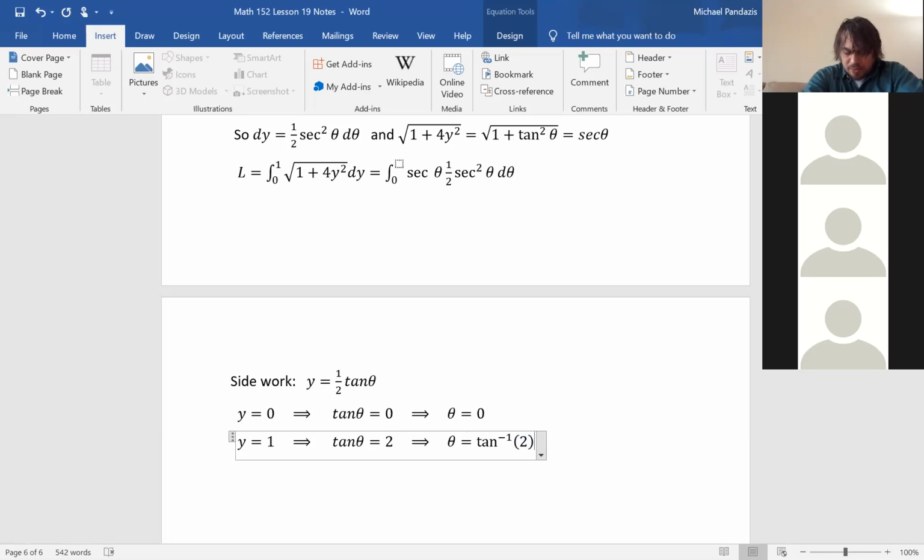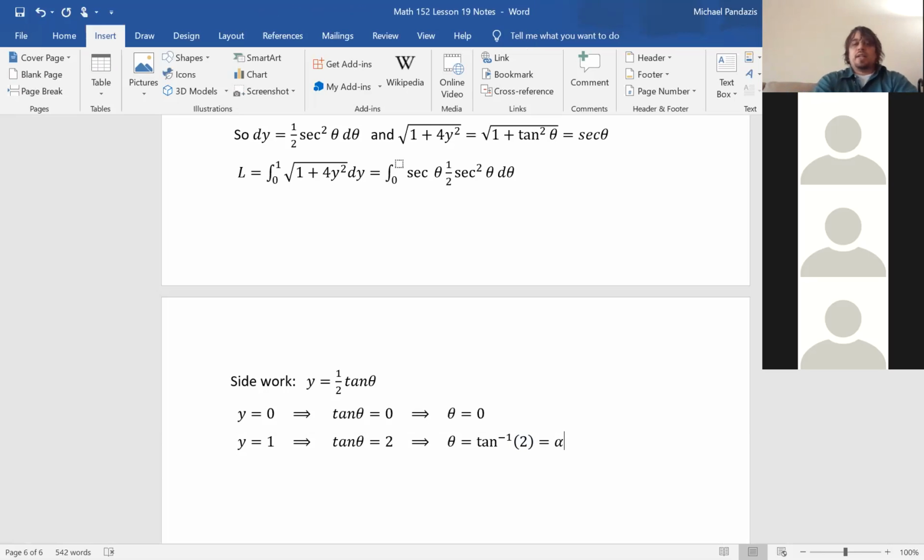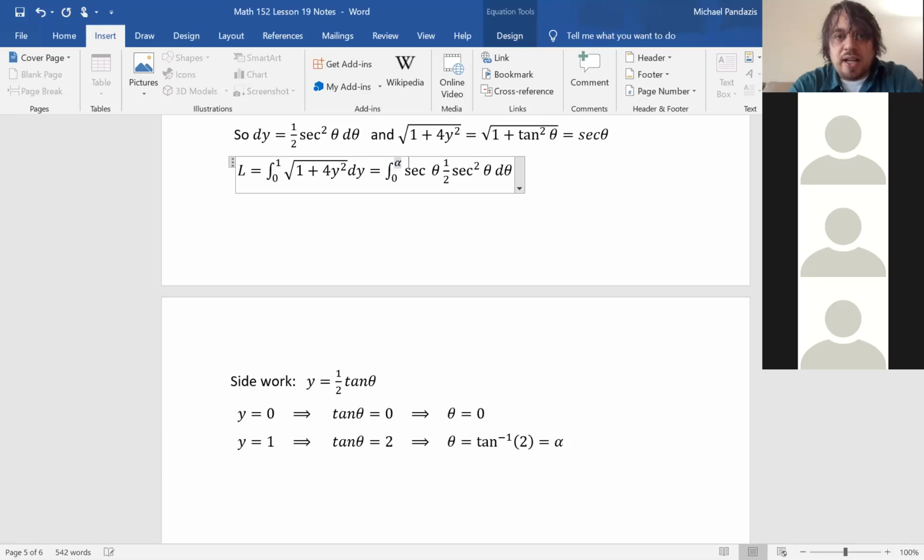I'm going to call tan inverse of 2 alpha. So this is from 0 to alpha. Alpha is a fixed value, tan inverse of 2.